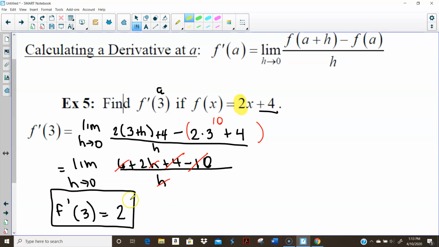The slope here is 2, and f prime of 3 is also 2. Obviously we wouldn't use this big formula to find that, but it's useful to know and to practice on linear functions so that you can use it on other polynomial functions that don't have a constant rate of change.